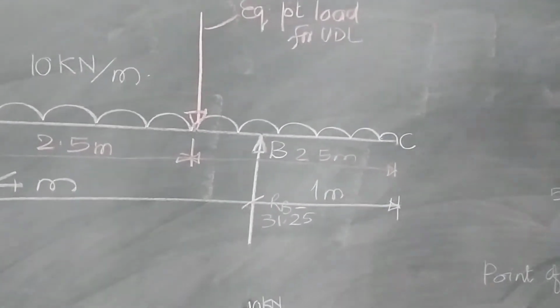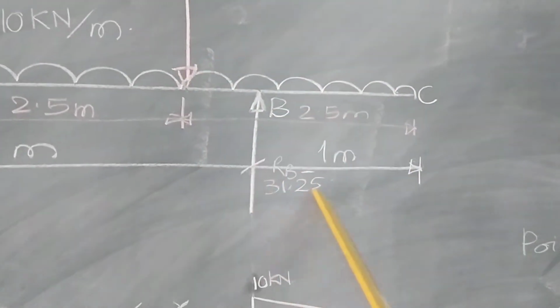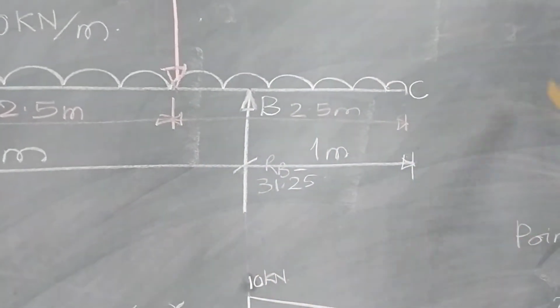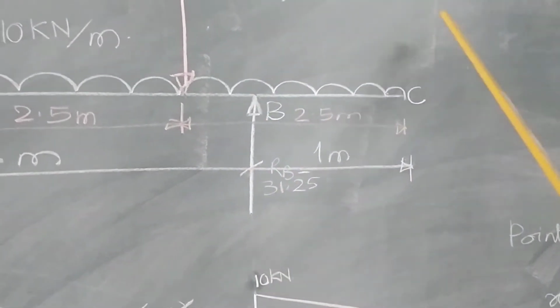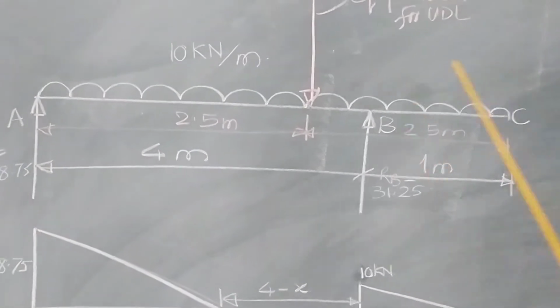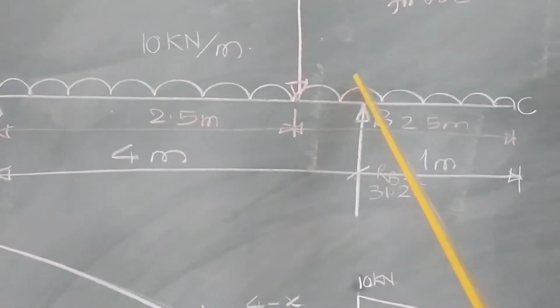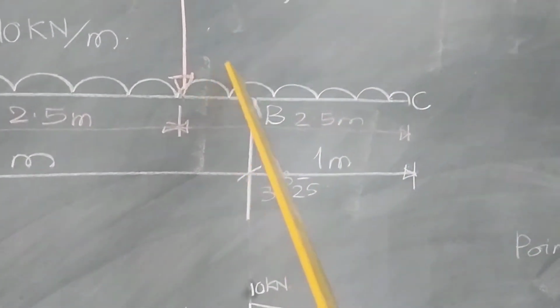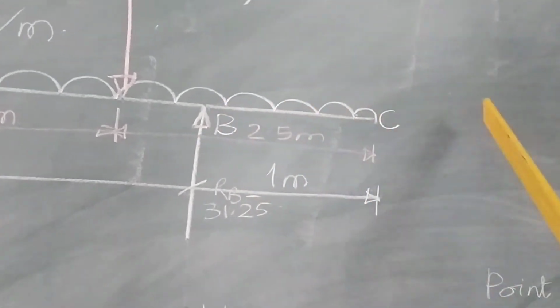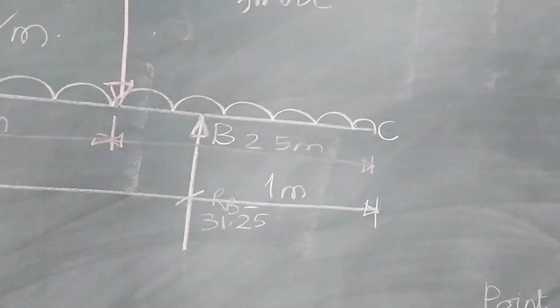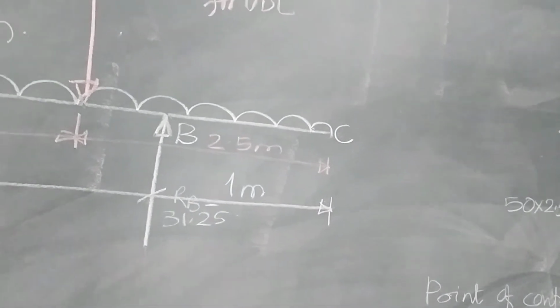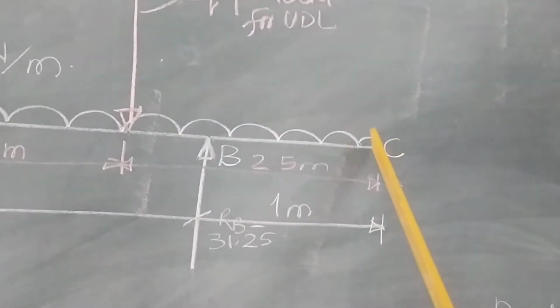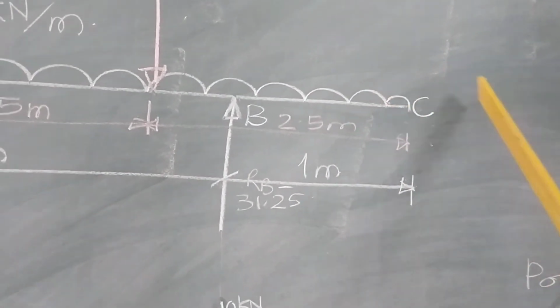A little consideration will show that this portion is nothing but a limited cantilever beam. That means this is a combination of a simply supported beam and a cantilever beam. So B is the fixed portion and C is the free end of this cantilever beam. That means at B there must be zero bending moment.